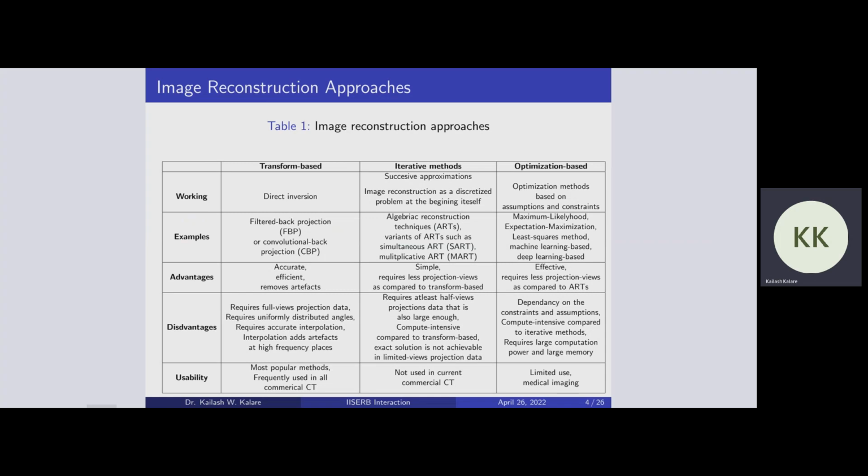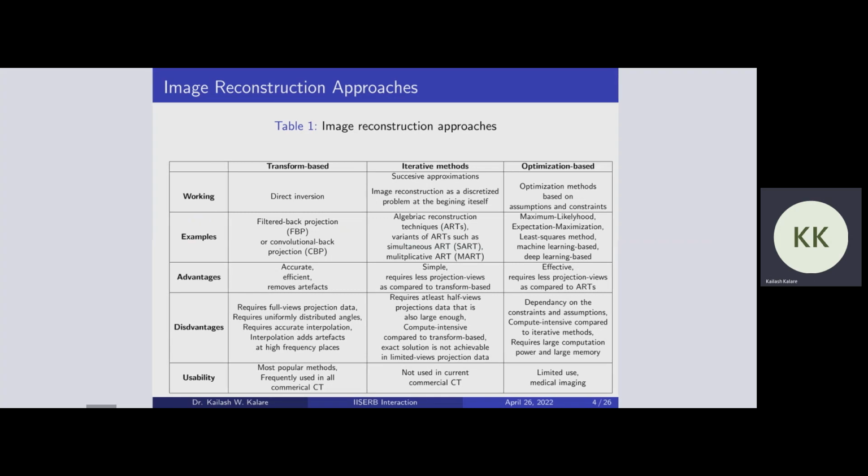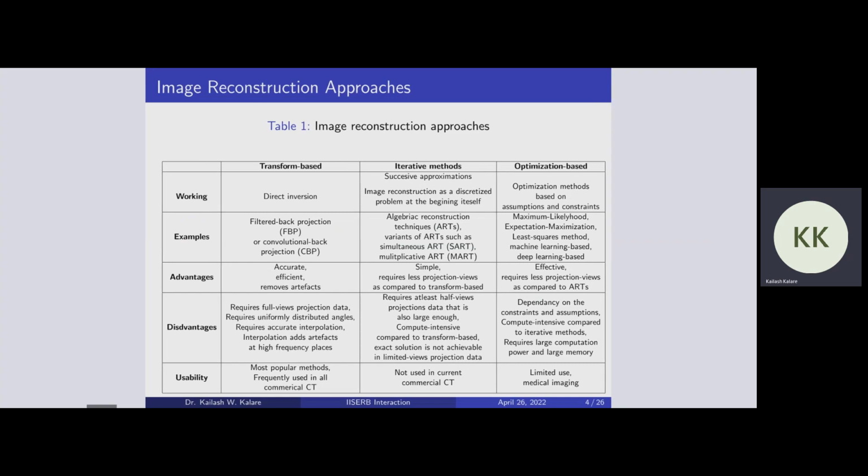Basic examples of these iterative methods are the algebraic reconstruction techniques, SART, as well as MART. The iterative methods are simple compared to the transform based methods. They also require fewer projection views compared to the transform based methods. However, these methods are found to be compute intensive.